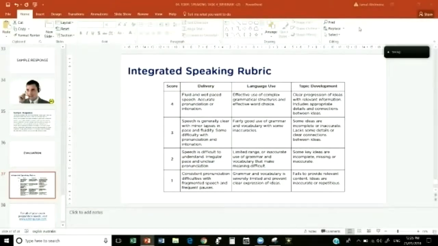Yeah, so most of you have said 3 or 4. So yeah, you're right, that was a pretty high level response, and I would probably say between a 3 and a 4 is what that would get in the real test. So how would you rate your own response compared to that? So I'll just display the rubric again for you.